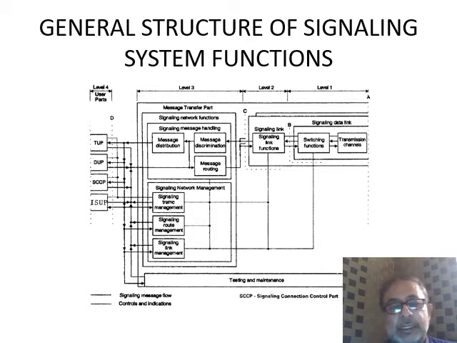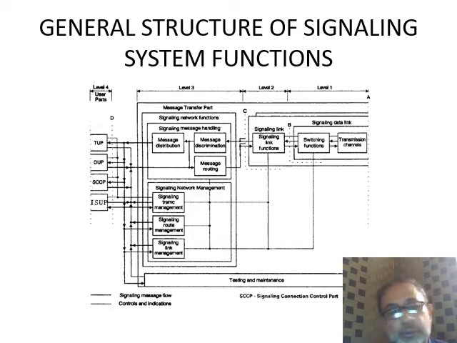In this diagram, you can see the difference. Basically, we can see that we have the message transfer part, which comprises level 1, level 2, and level 3, while the level 4 comprises the telephony user part, data user part, signaling control part, and the ISDN user part. Layer 3 is just like the network layer.